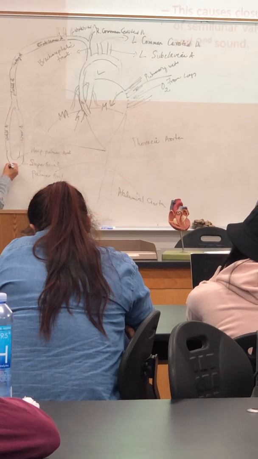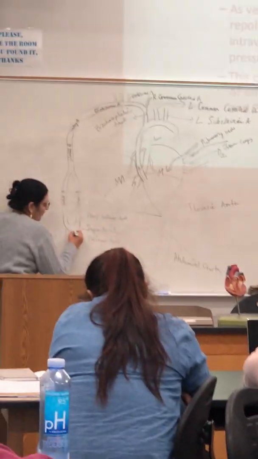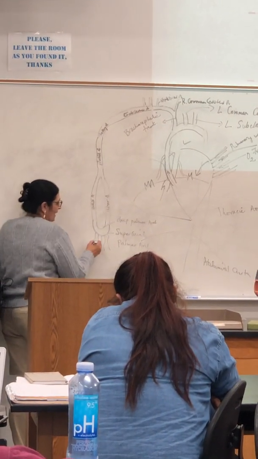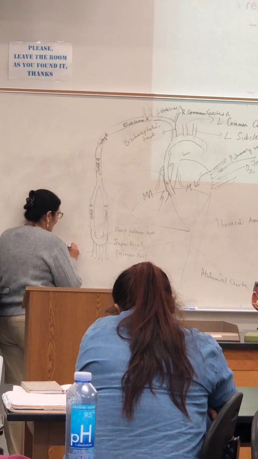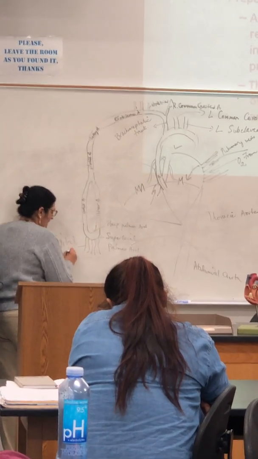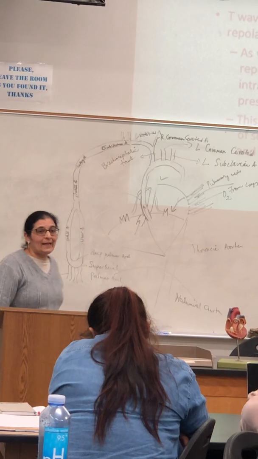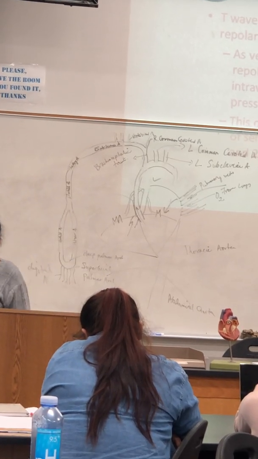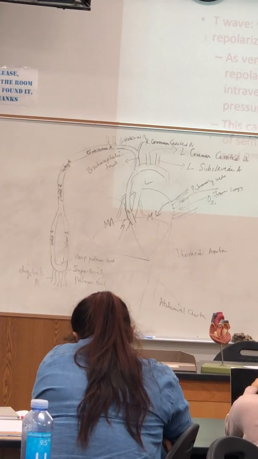And from the superficial arch, you have 5 arteries that go and supply blood to the fingers, and these are known as the digital arteries.